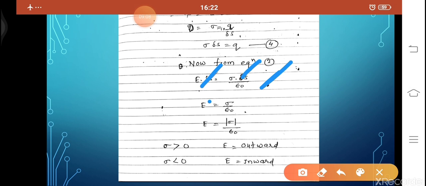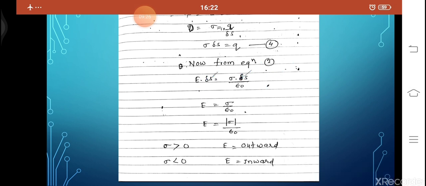If sigma is greater than 0, then the electric field will be outward because it is positive charge, and if sigma is less than 0, the electric field will be inward for negative charge. So this is another property: E equal to sigma upon epsilon 0 n cap. This is the electric field just outside the conductor.